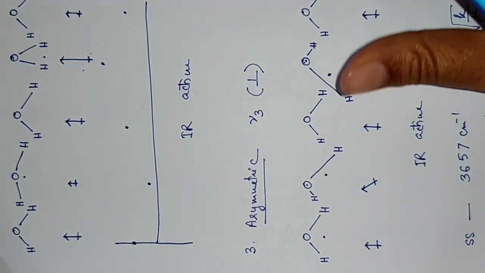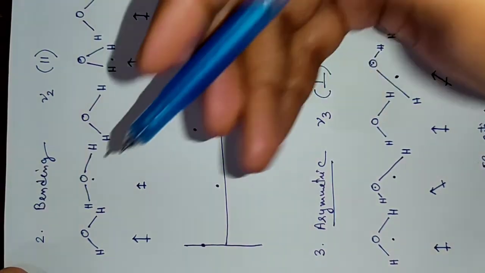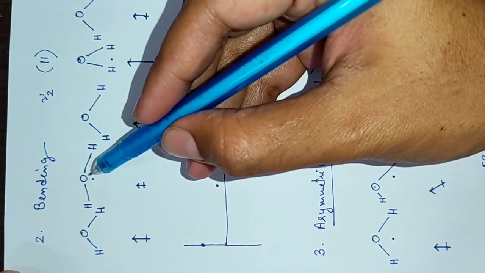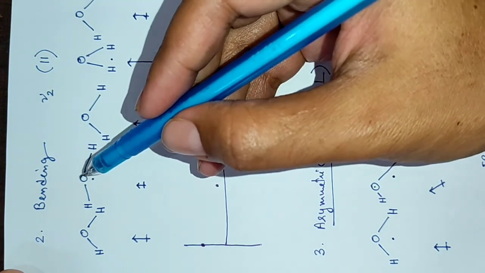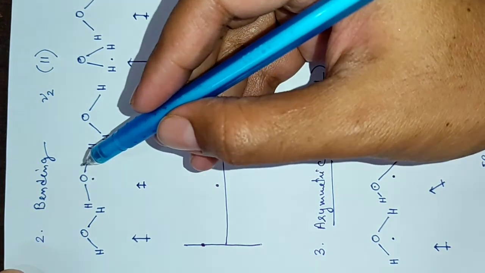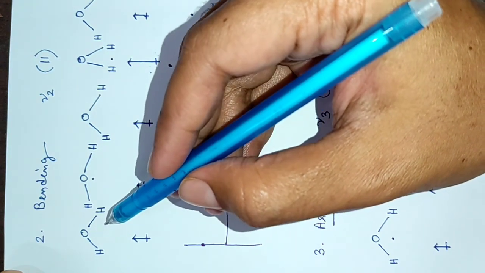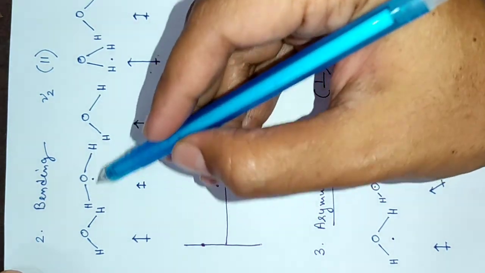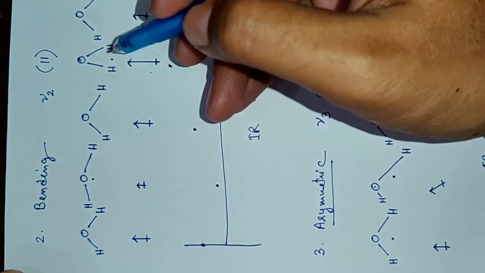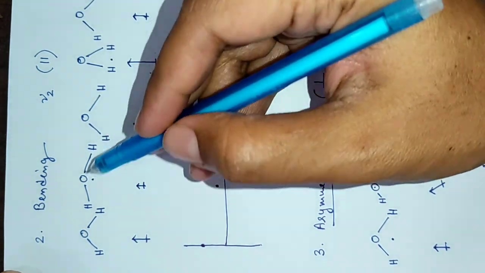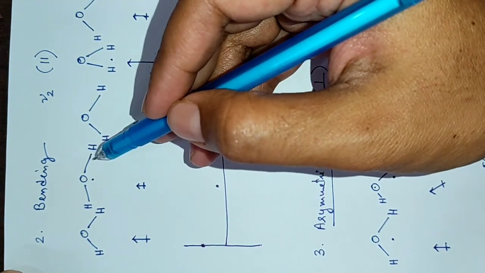But in case of bending, the work does not have to be performed against the nucleus. It is against the hybridization. So hybridization is demanding a bond angle equivalent to 104.5 degree. So you are increasing that bond angle and decreasing that bond angle, not that you are decreasing or increasing the bond length.